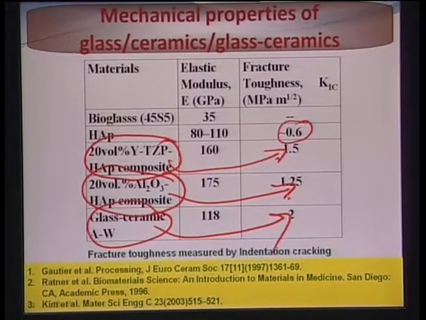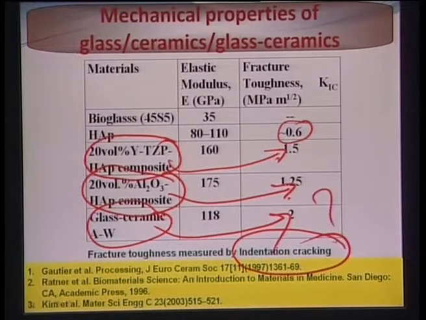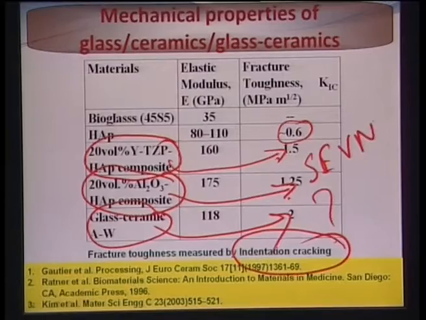Now unfortunately, all these toughness values are obtained by indentation cracking only. So again I can put a question mark here, because if you measure the SEVNB toughness values of these materials, I can very well tell you that these values will further decrease.